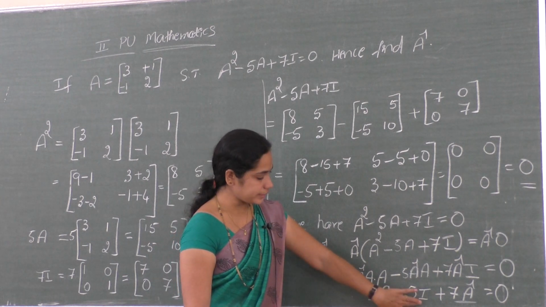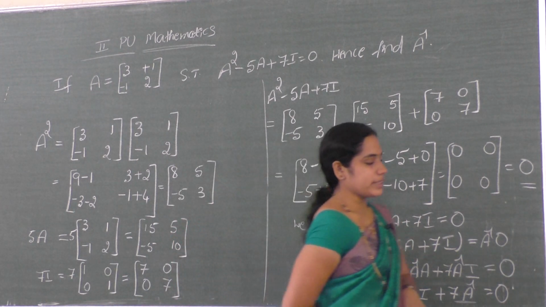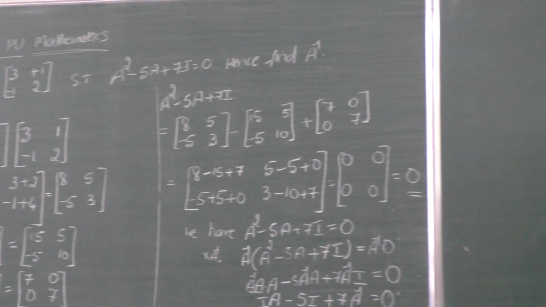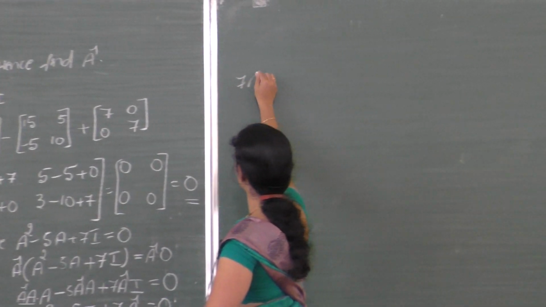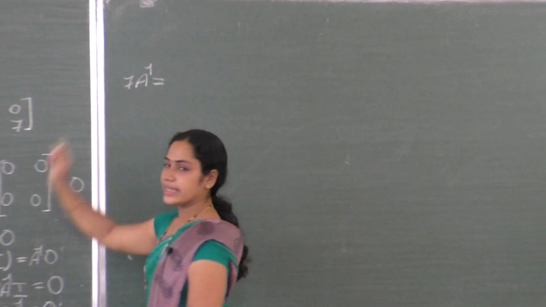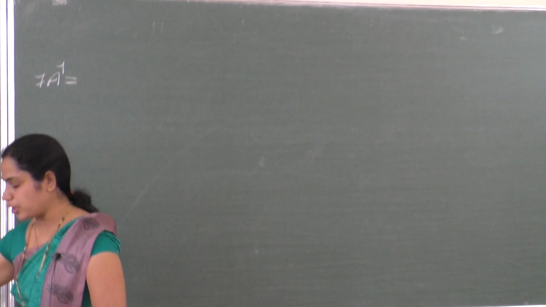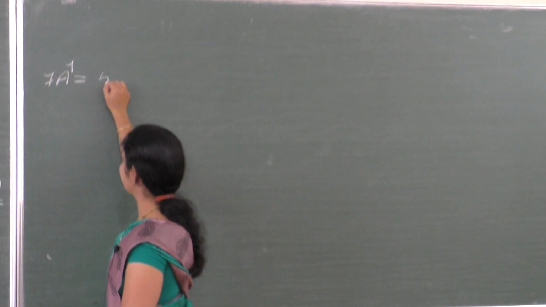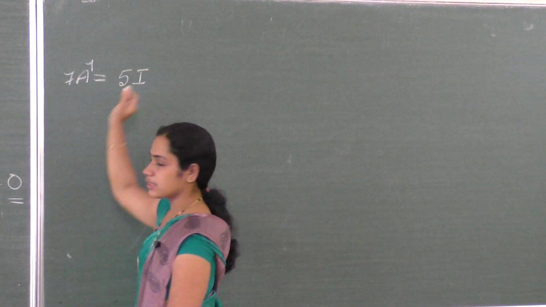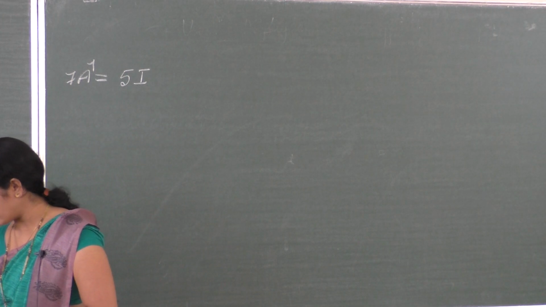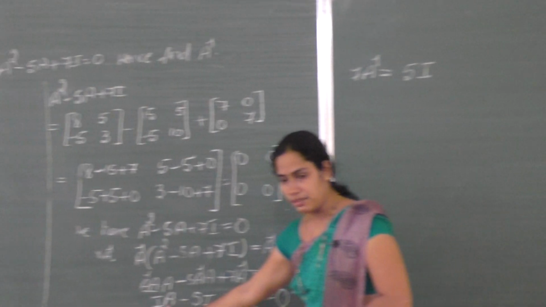Let us take these terms to the other side. What it becomes? 7 A inverse is equal to, let us take this one to the other side, minus 5I becomes plus 5I. Take this to the other side. I into A is A itself.